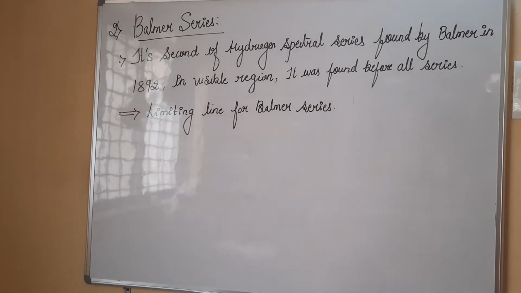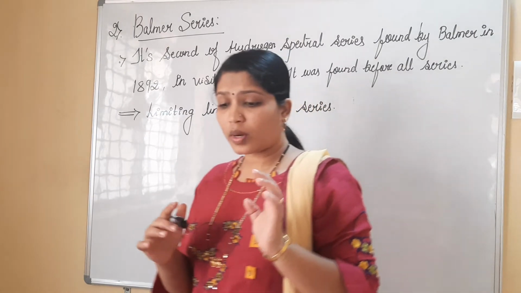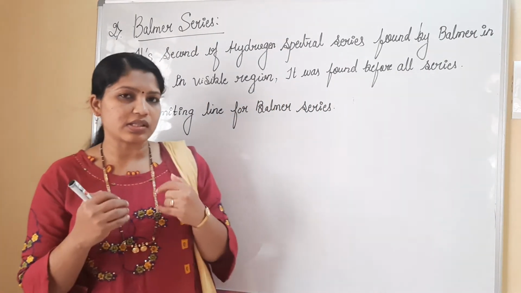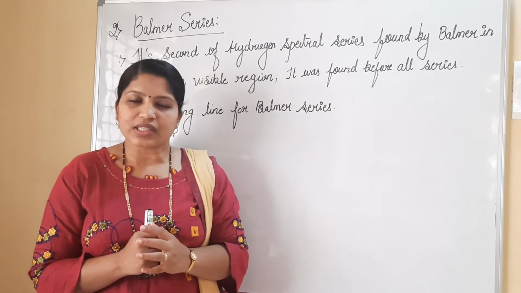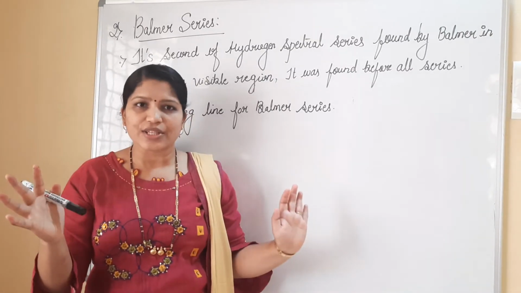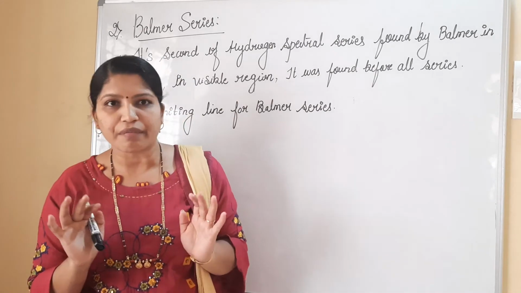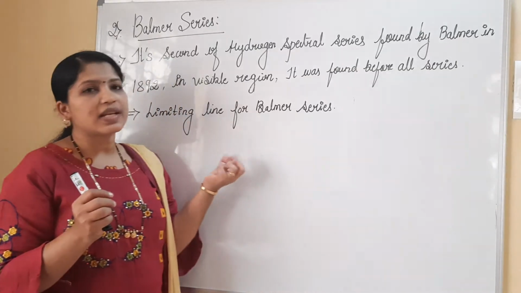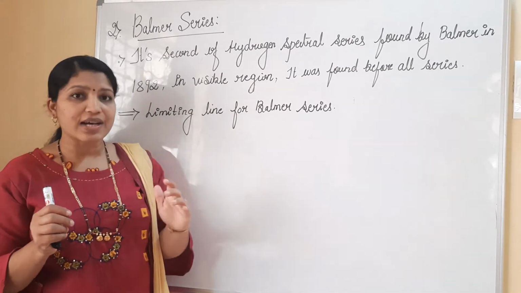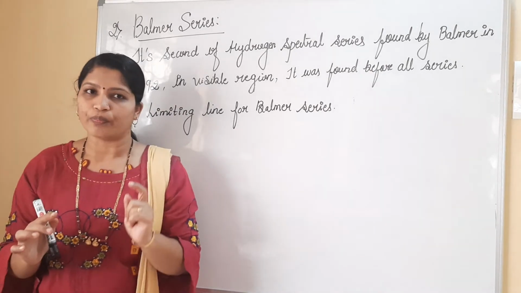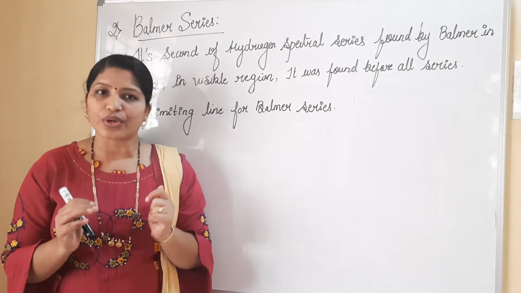Now let us understand regarding limiting lines. What exactly the limiting lines means. So limiting lines, if you consider, we will be having various energy levels. Energy level 2, 3, 4, 5, 6 up to infinity we have. If at all Balmer series, if you consider, the electron has to jump to n equal to 2. Second energy state electron has to jump.